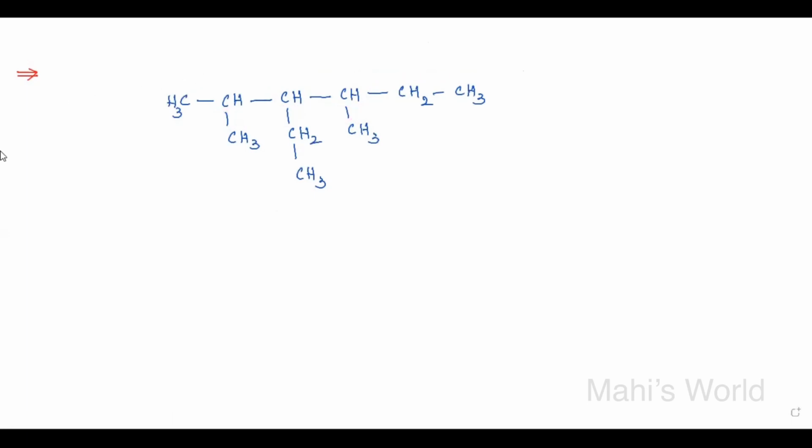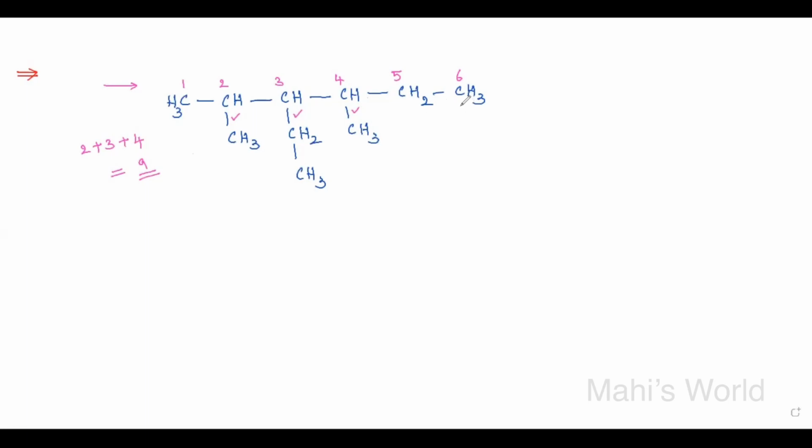And see, from where do you give numbers? From this end, if numbering is done, it will be like 1, 2, 3, 4, 5, 6. You got something at the second carbon, third carbon, and fourth carbon. In such a case, the sum of locants is going to be 2 plus 3 plus 4, which is 9.